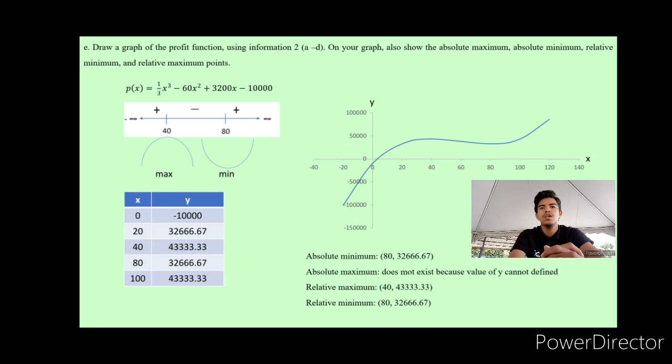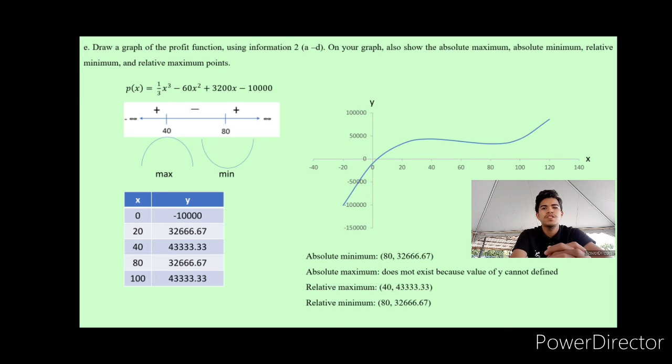First, we take the concave downward and concave upward intervals for reference. To draw the graph, we make a table to find the values of x and y, and then we plot the points and sketch the graph.